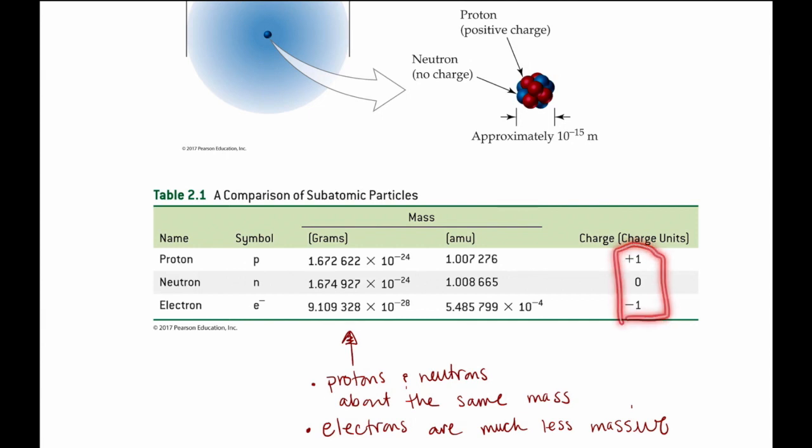At the other end we have charge units, which just means the proton has a +1 charge, the neutron has a 0 charge, and the electron has a -1 charge. We're going to talk about that more as we dig into this further, and about AMU a little more as we start to look at the periodic table.